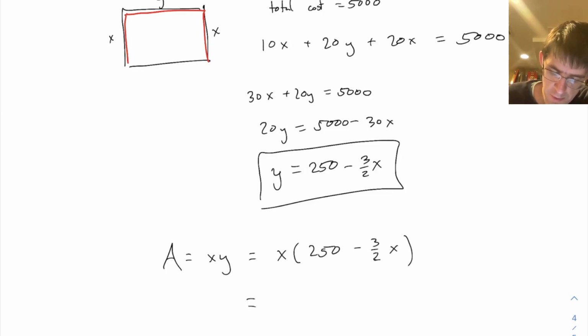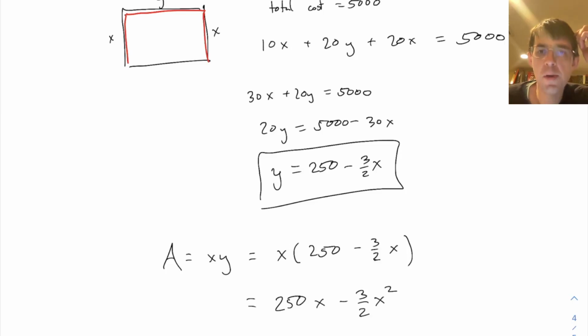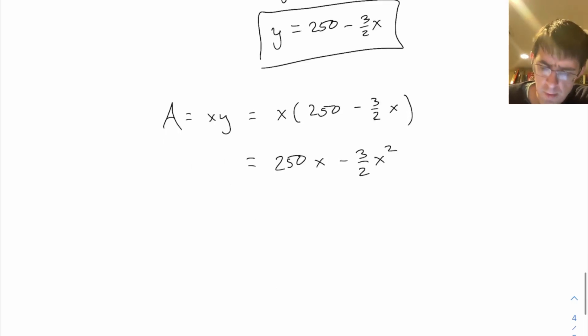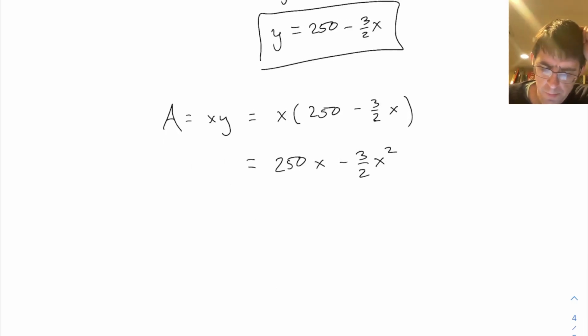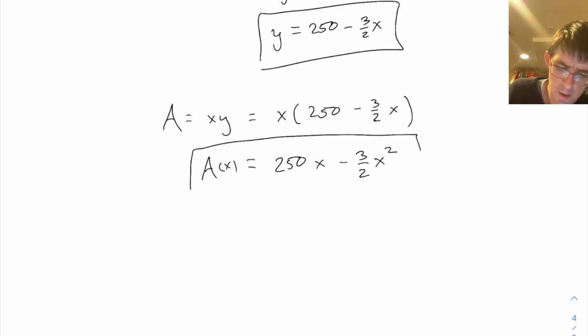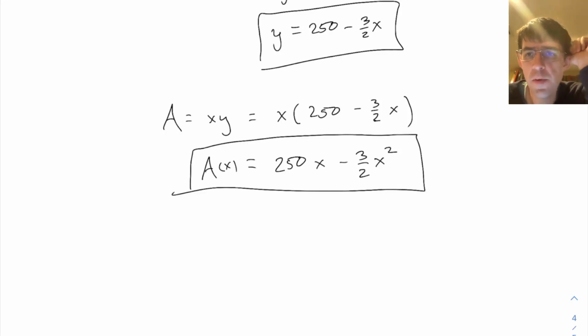And this I'll distribute, just because I'm going to take the derivative, so it'll be a lot easier. Minus 3/2 x squared. All right. I think the numbers are going to work out nicely here, actually. Okay, this is my equation for the area in terms of a single variable.